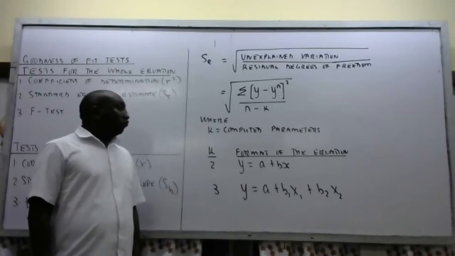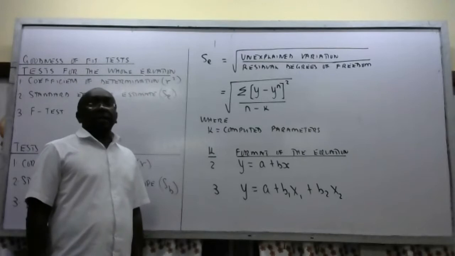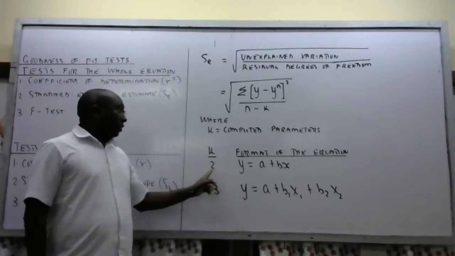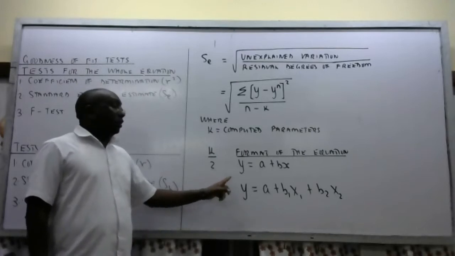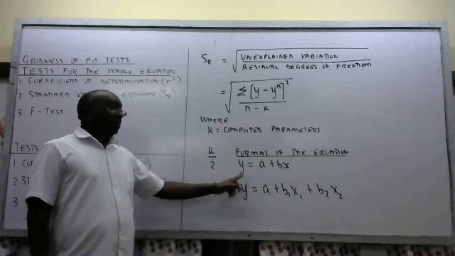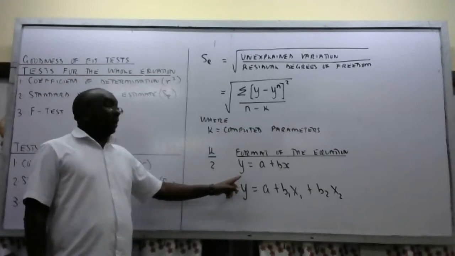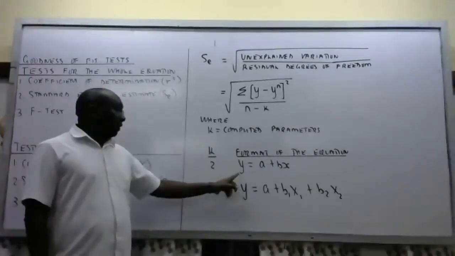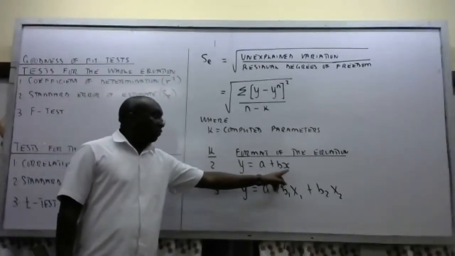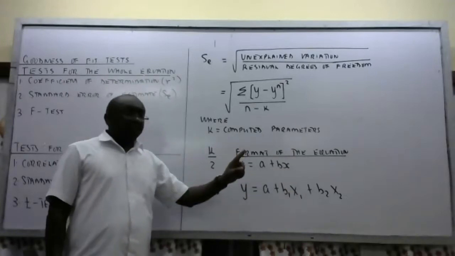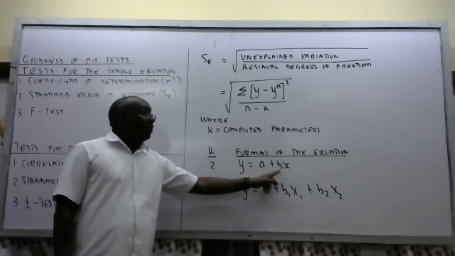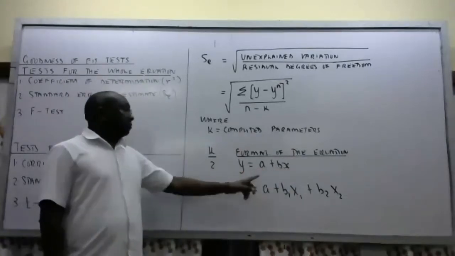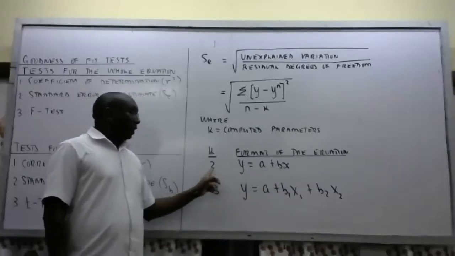As you can see, where k is 2, it is an equation of this format. We were originally given the values of y and the values of x. We used them to get the value of a and the value of b. So that means we have 1, 2. That's why we have 2 there.